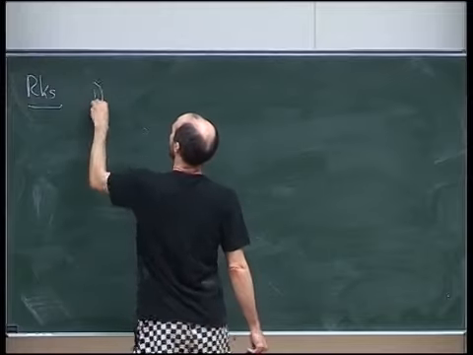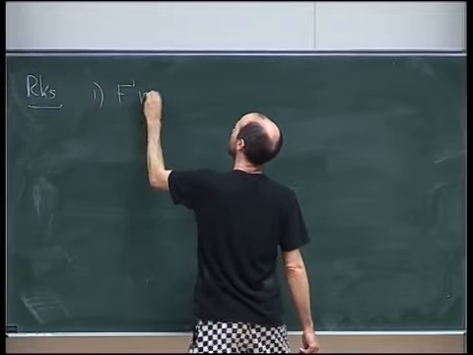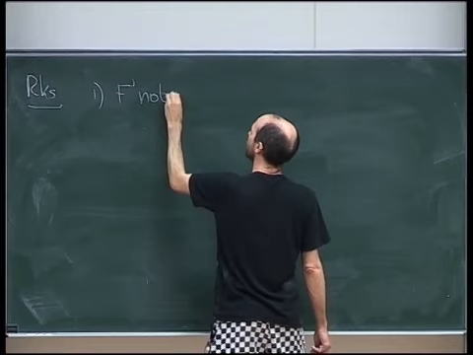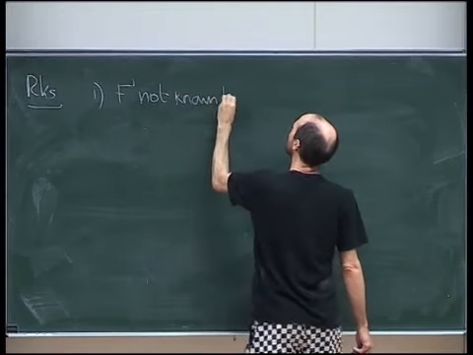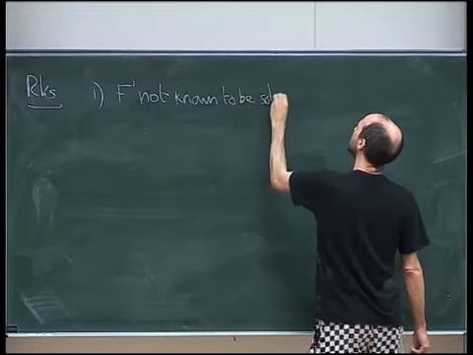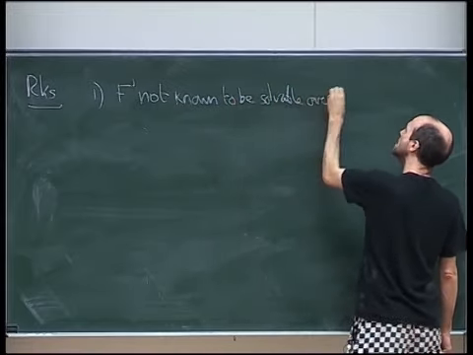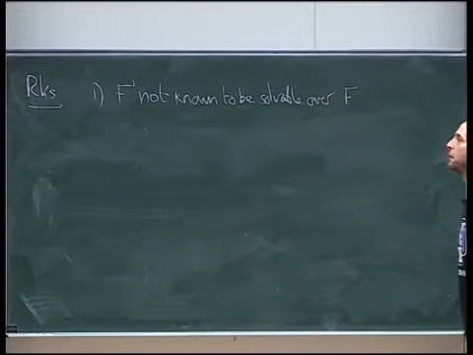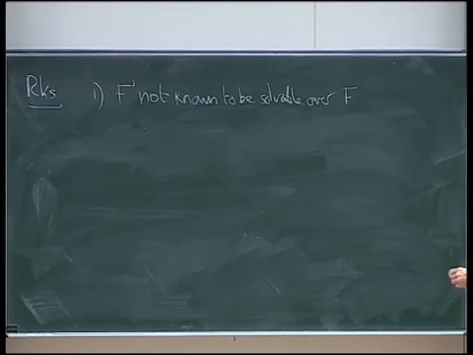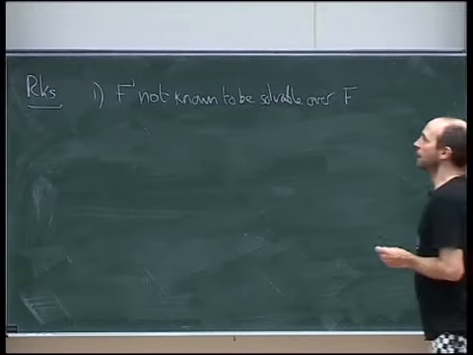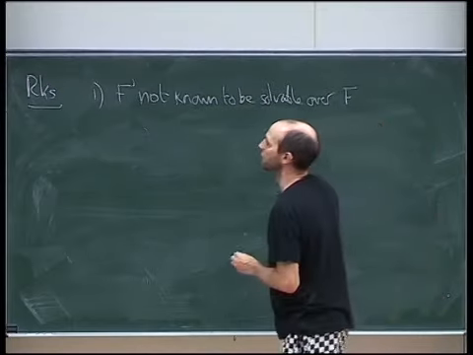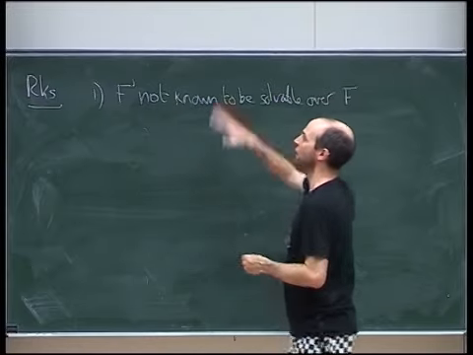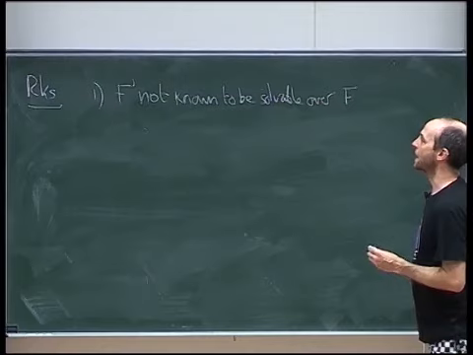Remark 1, F primed is not known to be solvable over F. If you could get F primed solvable over F, you could prove lots of things. You could probably prove Sato-Tate, probably prove the BDJ conjecture, I'd imagine. And so it probably isn't solvable over F. And in fact, if you look at the explicit construction of F primed, it will have absolutely enormous degree.